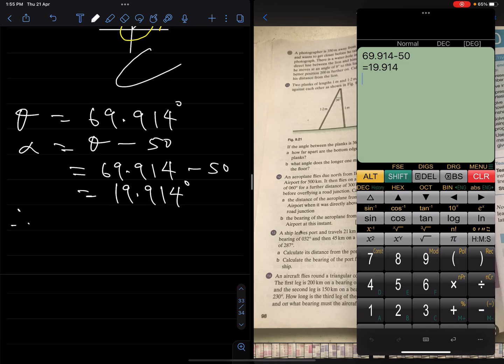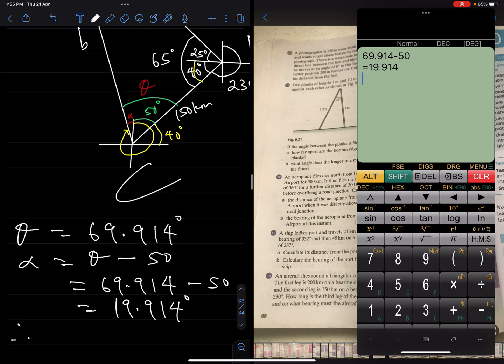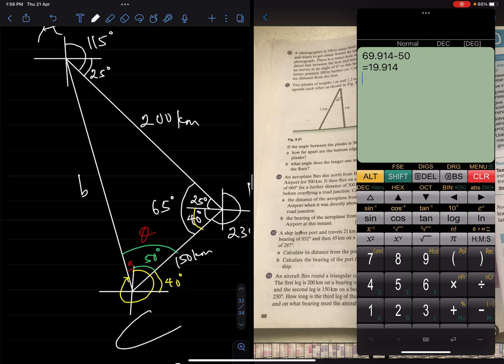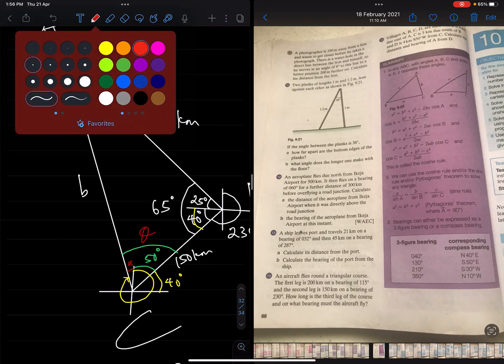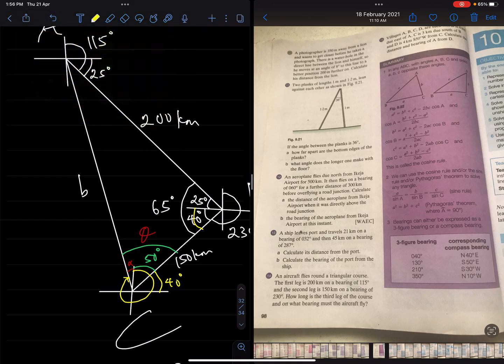19.914. Now we can find the bearing on which the aircraft must fly to travel the third leg, which is this angle simply, from this place to this place, and that's 360 minus alpha.